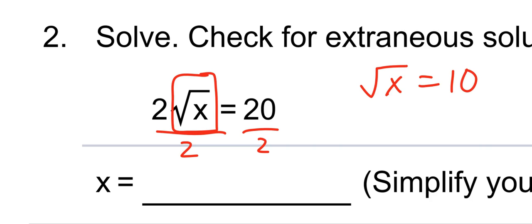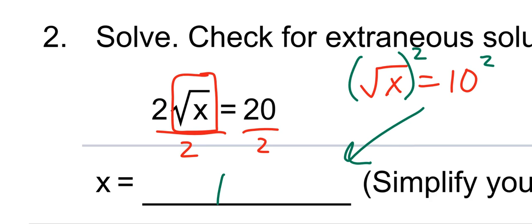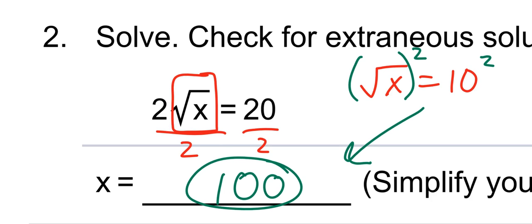Or at least get us a lot closer. In this case, it will actually finish the question for us. So what do we get? X equals 100. But we had to get the radical by itself before we could square both sides.